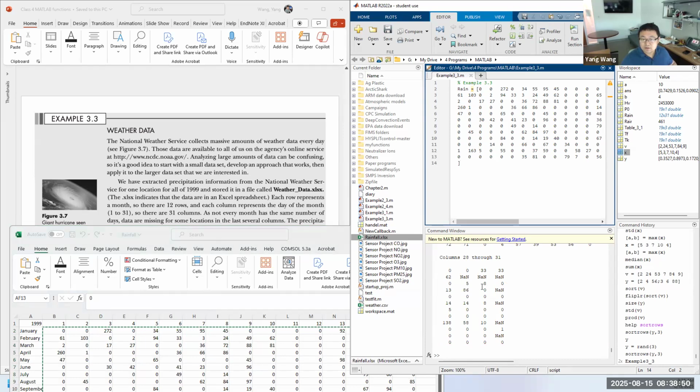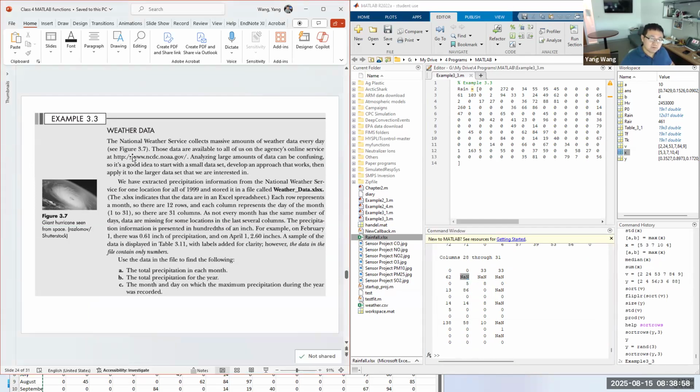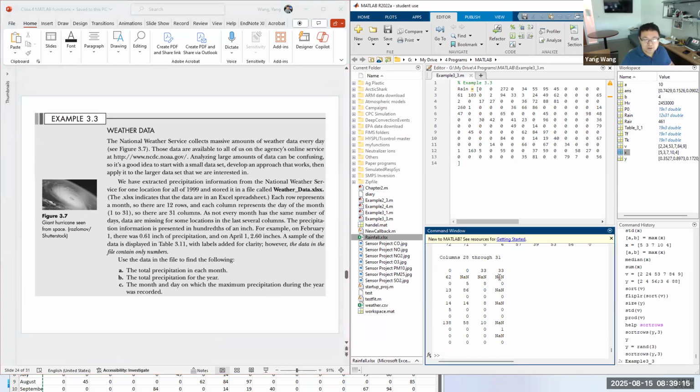Right, so now you can see this is the data set we have. We could also fill these blanks with 0, but I wouldn't say it's a good option, mainly because 0 means that there is a measurement. But we know that there's no measurement, because there's no such day as February 30th or February 31st, right? So the best practice is still to use not a number, okay?